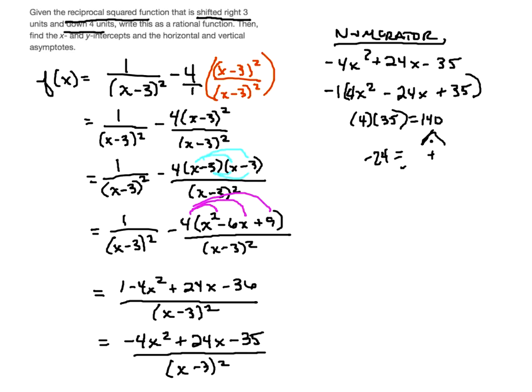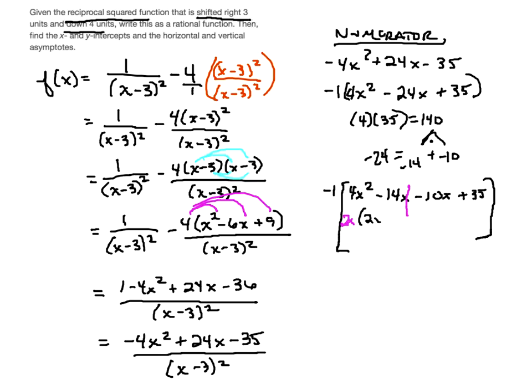So I'm looking for the factors of 140 that add to make negative 24, and that's negative 14 and negative 10. So I rewrite. I still have that negative 1 hanging out there. 4x squared minus 14x minus 10x plus 35. Just giving myself room to GCF these, factor by grouping.